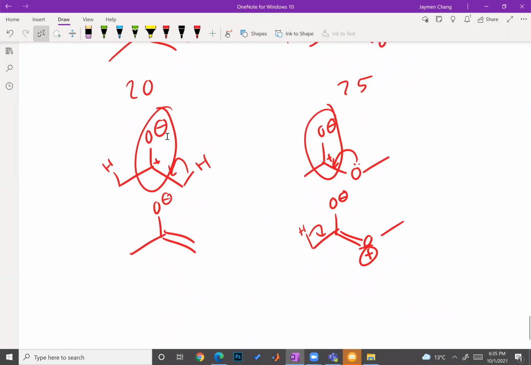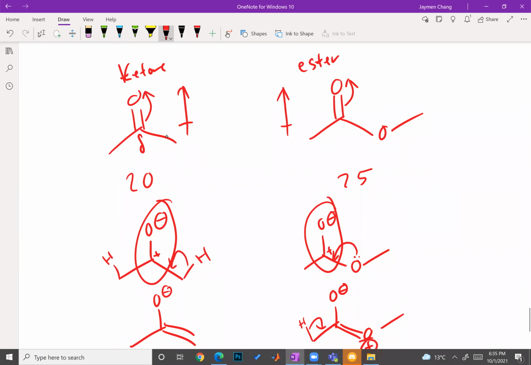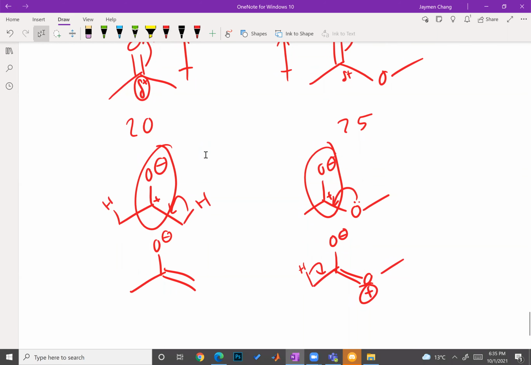Well, if you think about this, this delta plus here is actually going to be greater than this delta plus, because this delta plus is stabilized by the oxygen, and here we have no stabilization at all, right? And if you think about why the hydrogen wants to be taken, once it is taken, we have extra electrons, and these extra electrons are going to want to fill that extra positive charge. Does that make sense?